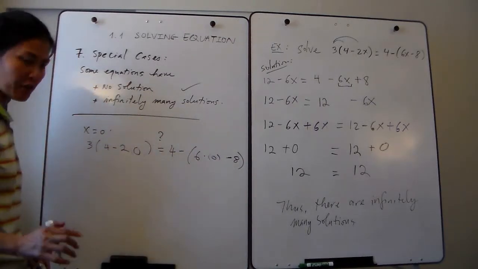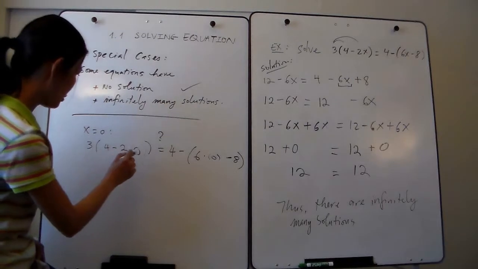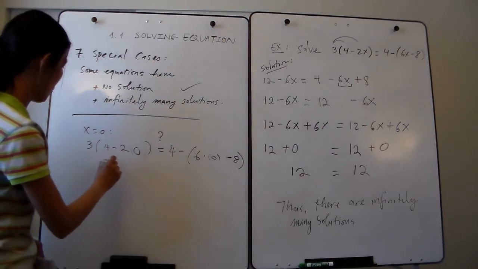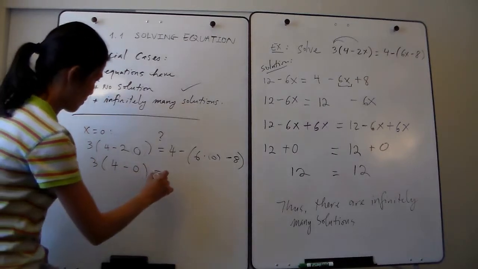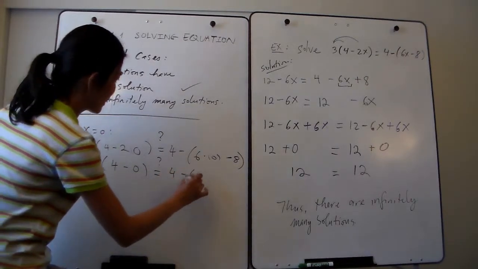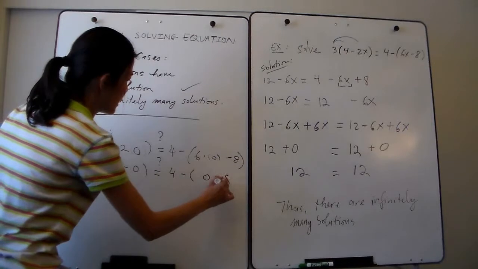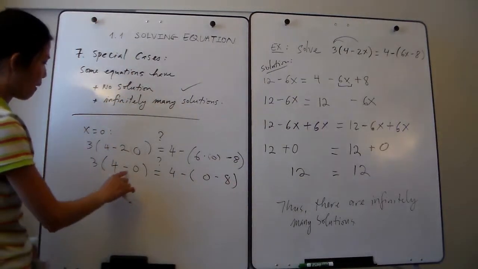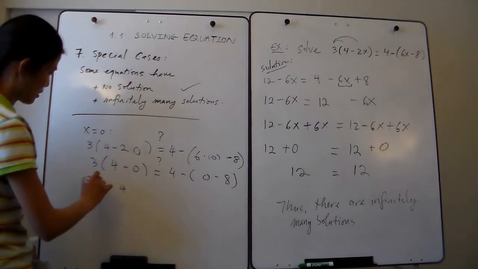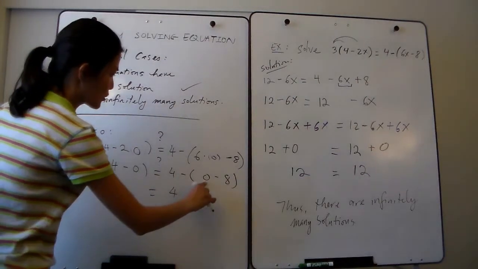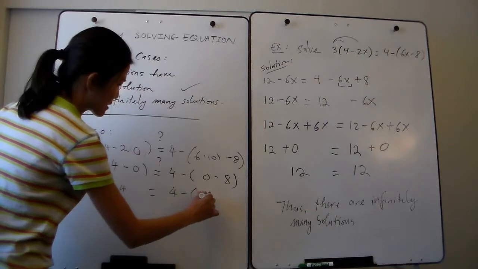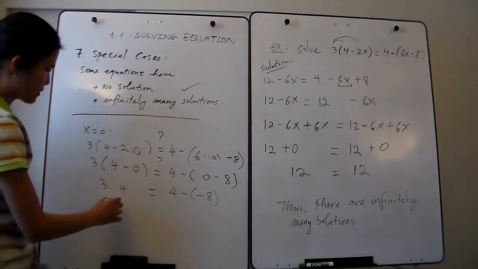You can put a question mark here. 2 times 0 is 0, so 4 minus 0. 6 times 0 is 0, minus 8. 4 minus 0 is 4. 4 times 3, 4 right here. 0 minus 8 is minus 8. 3 times 4 is 12.